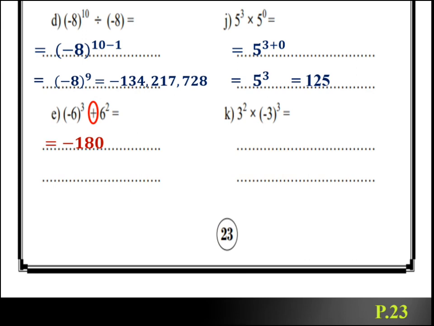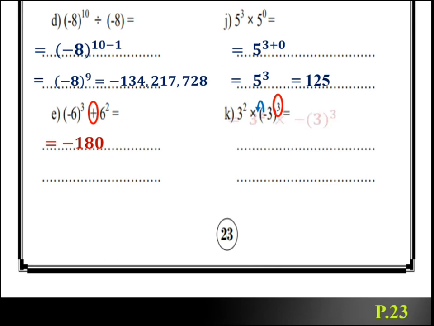Here we have an odd power, which is 3. So with an odd power, kick the negative sign outside the bracket. But if we have an even power, we can cross it, okay? So look at the power.